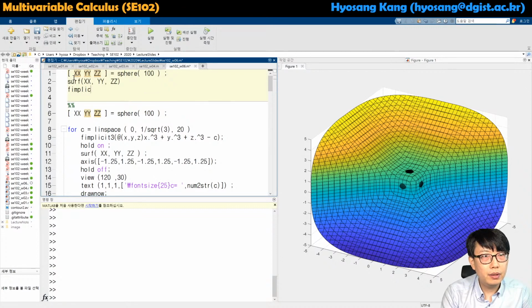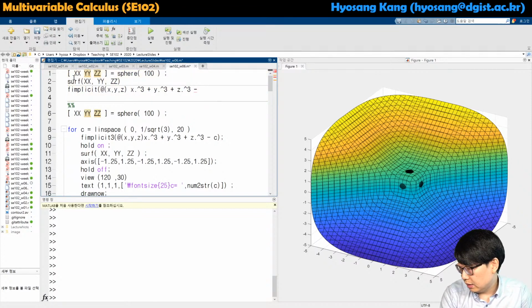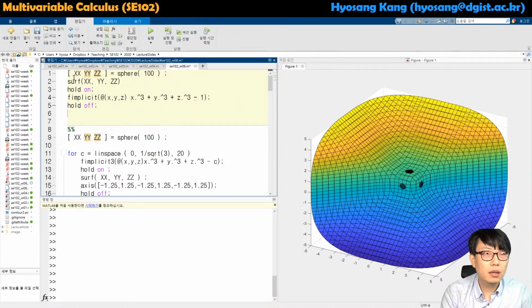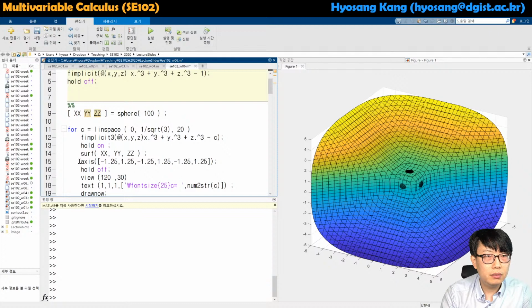So f implicit of x, y, z, x cubed plus y cubed plus z cubed minus, let's say, 1, and hold off, and I want my view, let's say, to just take this axis and view.